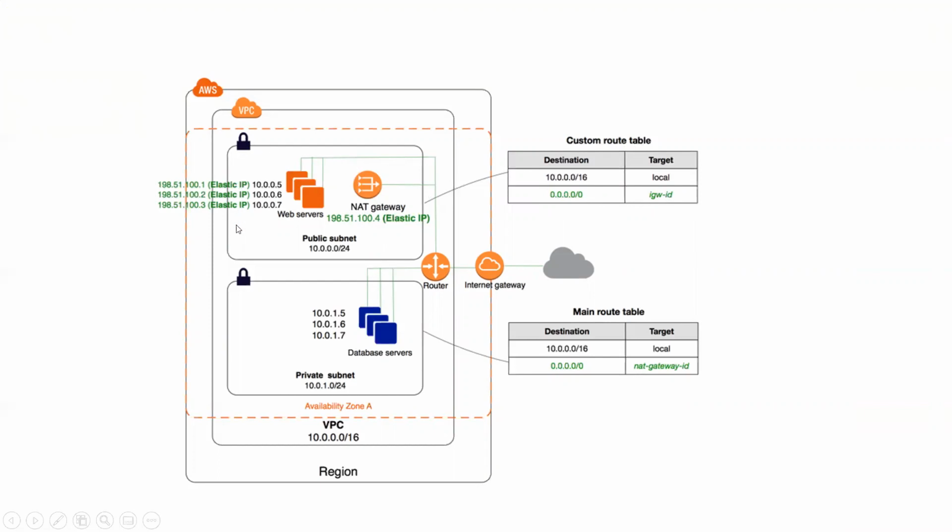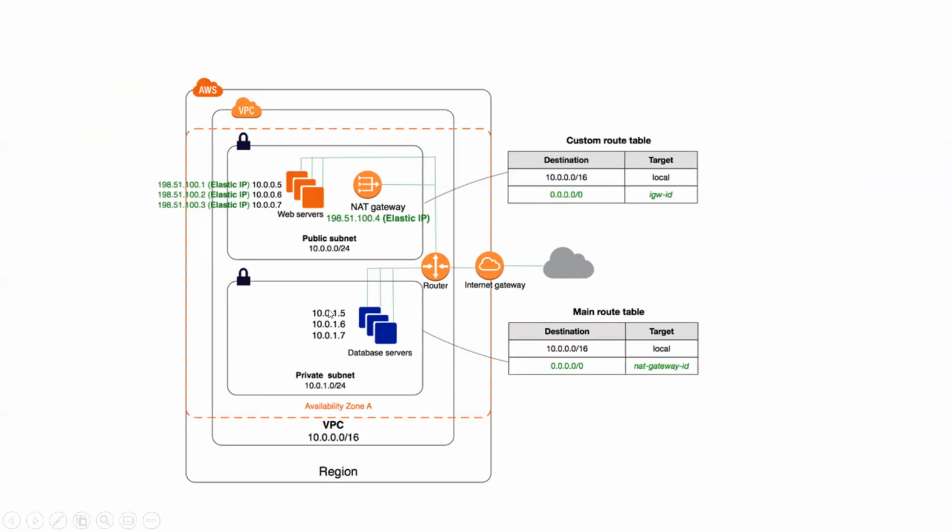So only public subnet can go out through internet gateway. There is no exception there. But these database servers want to somehow go out. Well, they cannot go out through internet gateway directly because we don't want to give that access. We want to keep our database servers as secure as possible.